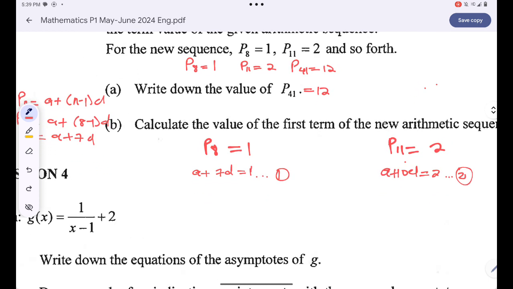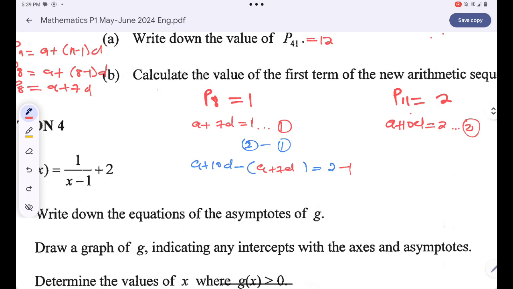I believe that the quickest way to deal with this one, I'll simply say equation 2 minus equation 1. From equation 2, I have A plus 10D minus, from equation 1, I simply have A plus 7D. But remember that since I'm subtracting the left-hand side of my equations, I must also subtract the right-hand side of my equation. That's 2 minus 1 over there.